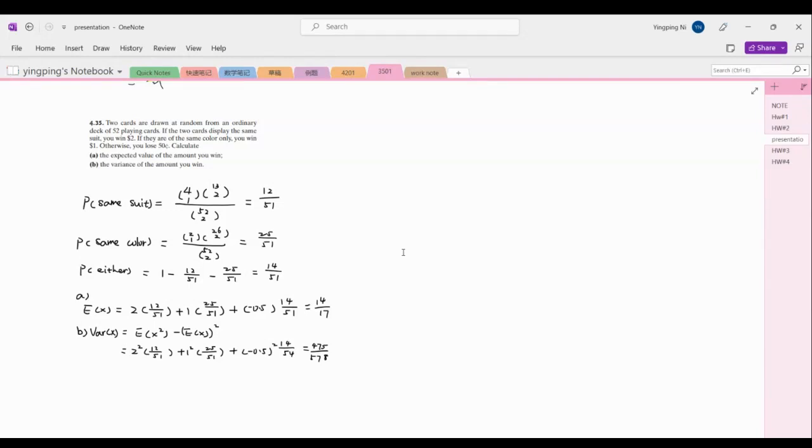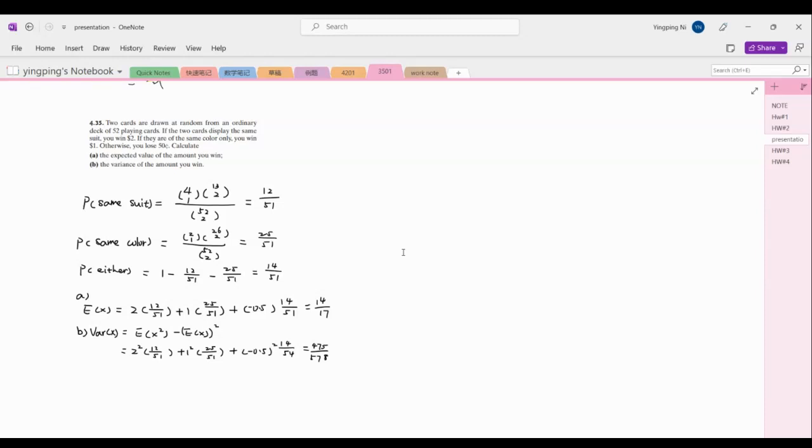So the probability of the same suit is 12 over 51. And for the same color, it's choose 1 from the 2 different colors and choose 2 from the 26 cards in one color. The probability is 25 over 51.